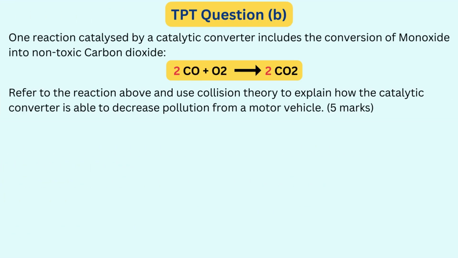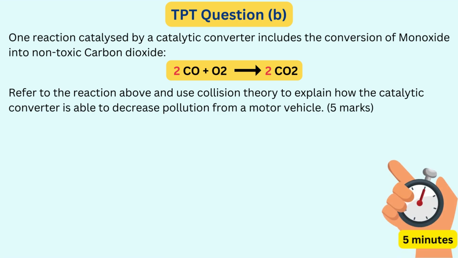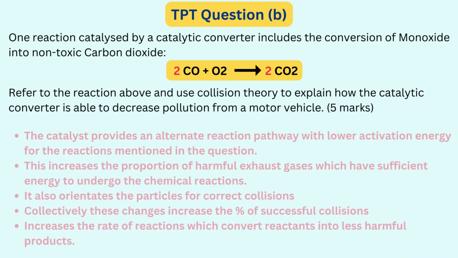This is another part of the same extended question. Here you are asked to refer to the catalyzed reaction above to explain how a catalytic converter acts to reduce pollution. Once again, 5 minutes will be needed to compose your answer. Here's the marking guide.